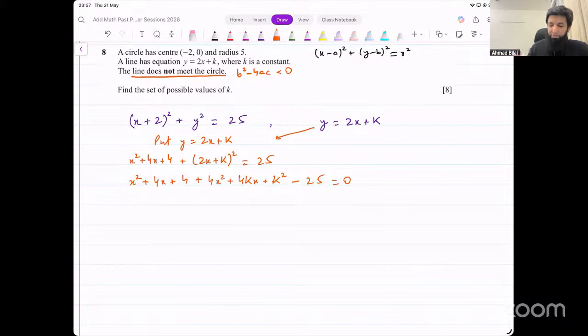Now x squared plus 4x squared, that is 5x squared. 4x and 4kx, you take x common, and that leaves you with 4 plus 4k times x plus 4 plus k squared plus 4 minus 25. That will be k squared minus 21 equal to 0.